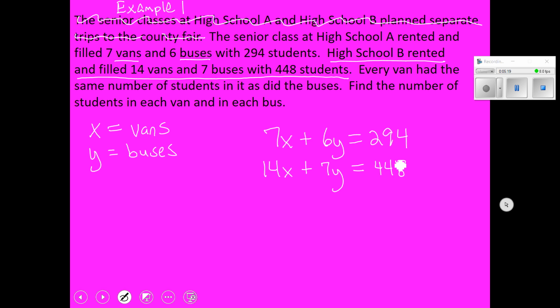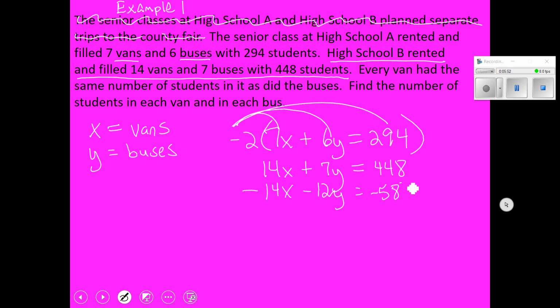Okay, I'm going to solve this by elimination because I feel like that's how most of you want to do it. And I'm going to times the top one by -2. So -2 times 7x is -14x. -2 times 6y is -12y. -2 times 294 is -588.